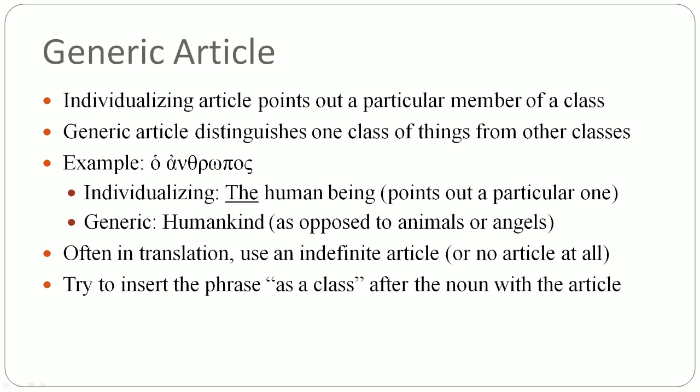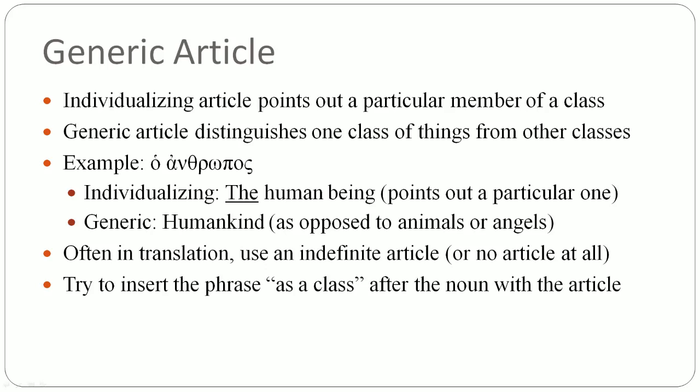Now, this is a really good example of why you maybe should not think about this as the definite article, because often in translation, when you have a generic article, if it's singular, it is best to use an indefinite article, okay, a or an, or just don't use any article at all. For example, with humankind, you wouldn't say the humankind.